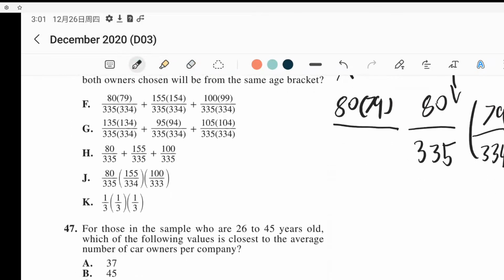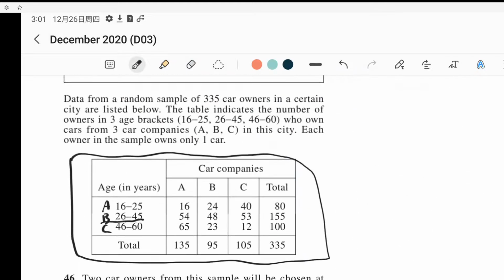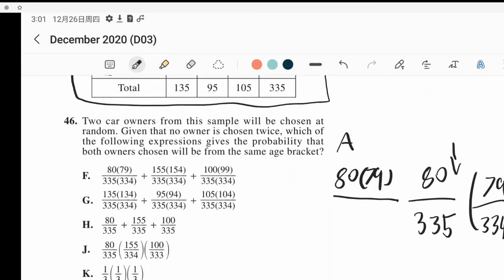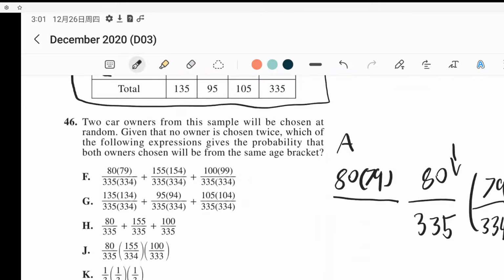So 47, we'll consider group B of the age group. Which of the following values is closest to the average number of car owners per company?